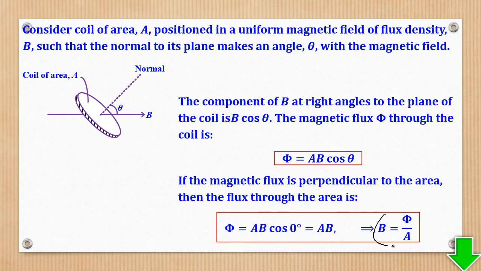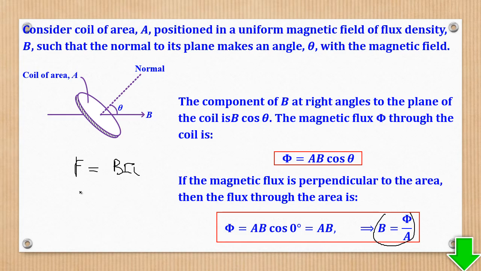From this formula, you realize that we can also define magnetic flux density. It means magnetic flux density can be defined in a number of ways. The very first definition came from F equal to BIL, where I make B the subject.